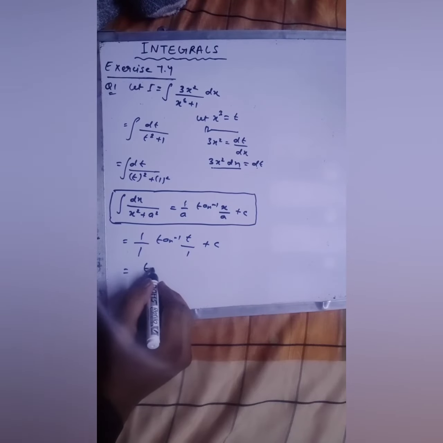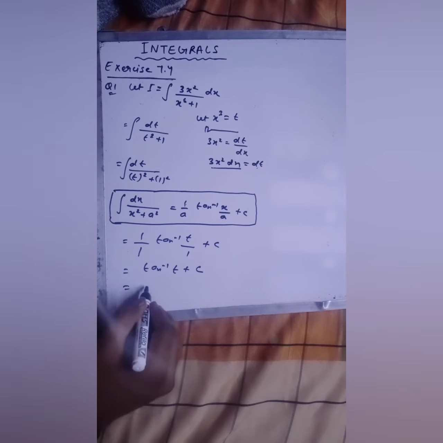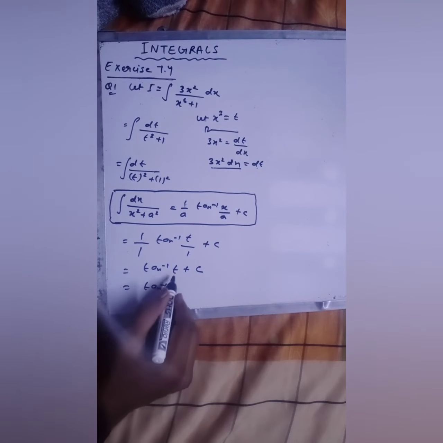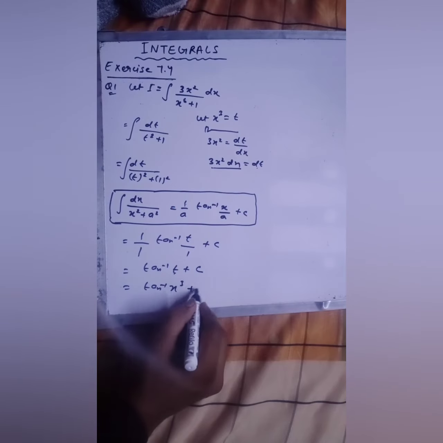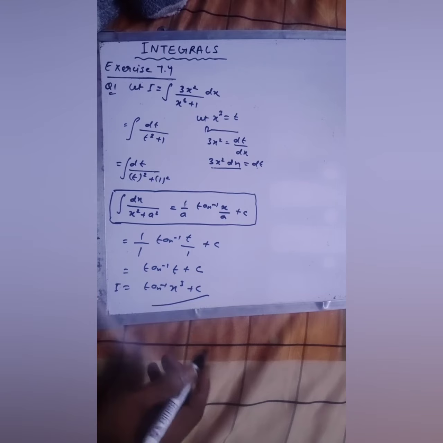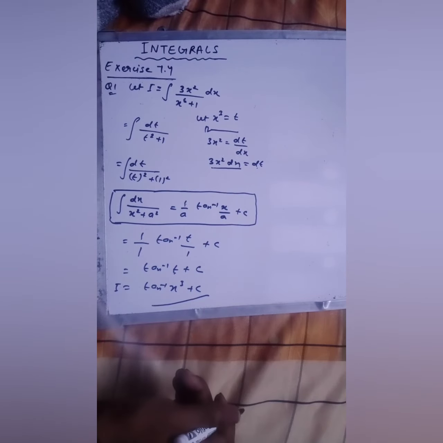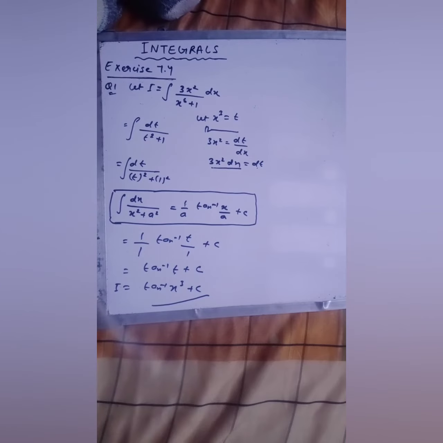So your answer is tan inverse t plus c. Your t was x cube, so tan inverse x cube plus c. This is the required integral of question number 1, and this is how you can solve question number 1.